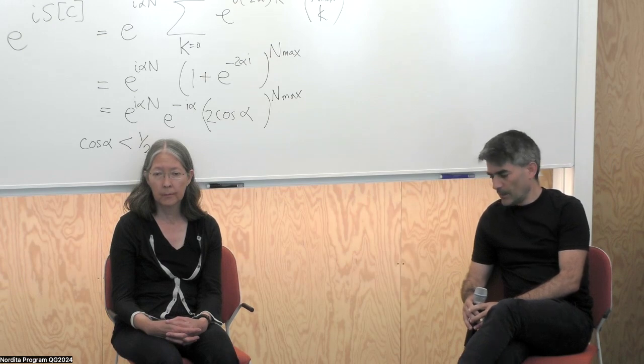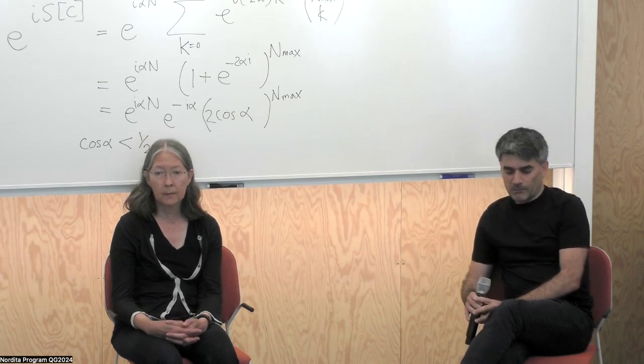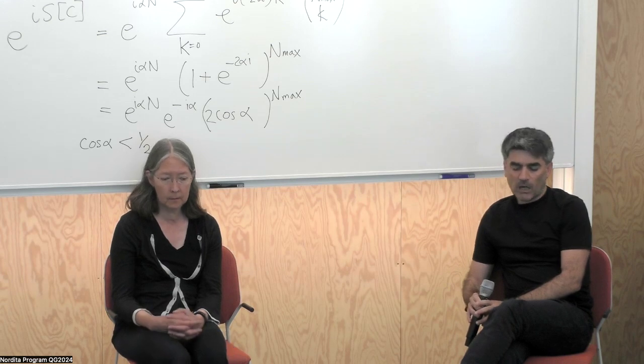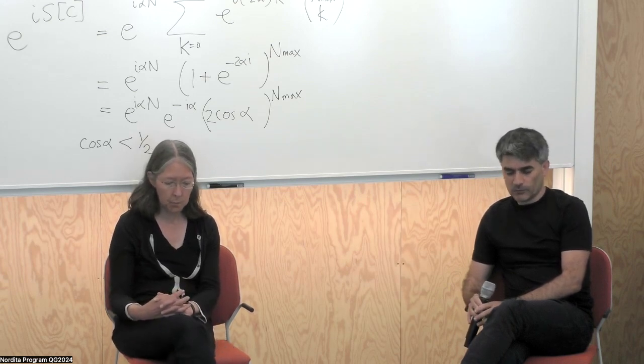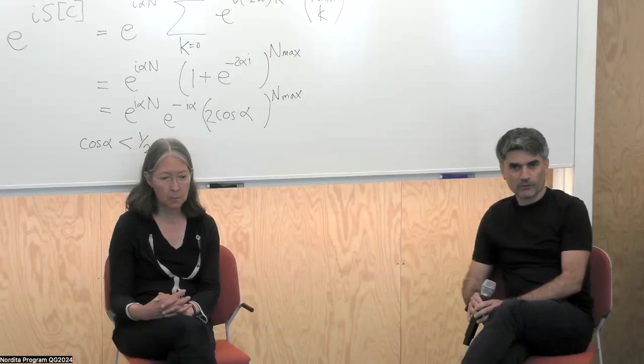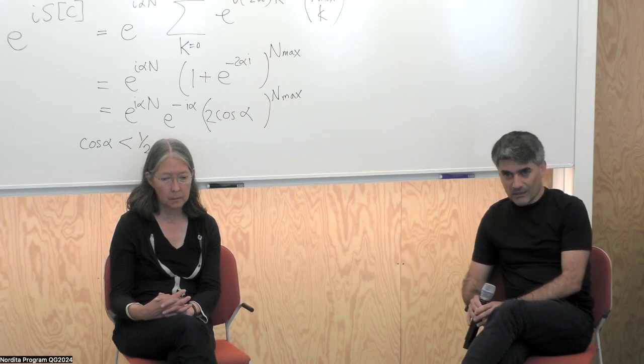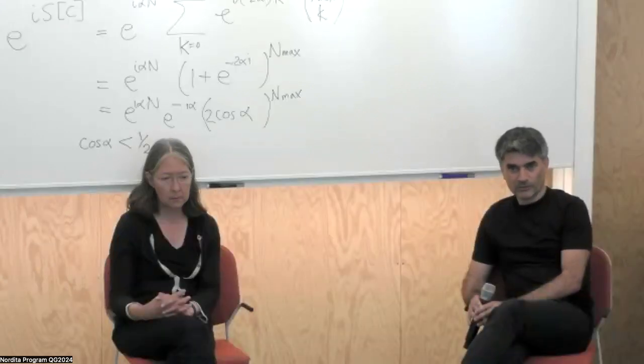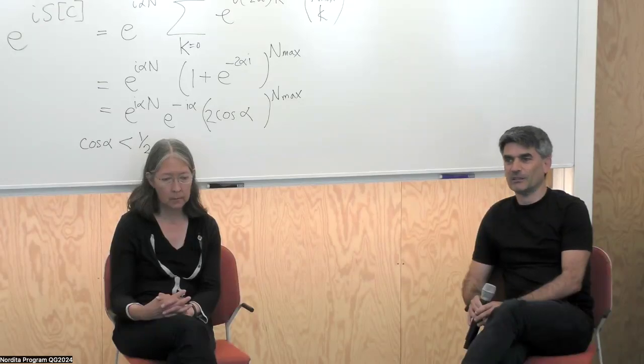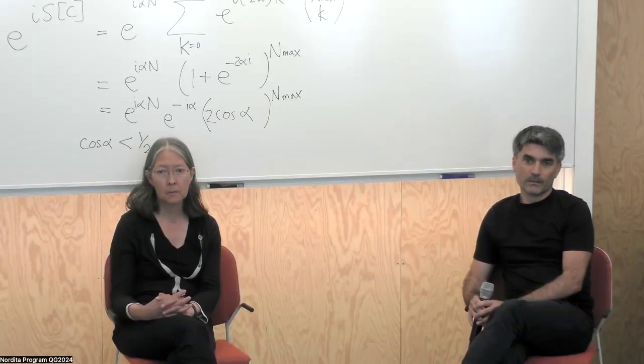So sure. Okay. Let me first say that personally, at least, I don't speak for the community, but I do not see these theories as auxiliary or unphysical ones. For me, these are the physical formulation of the theory. And they don't live in space-time. Yes, exactly.